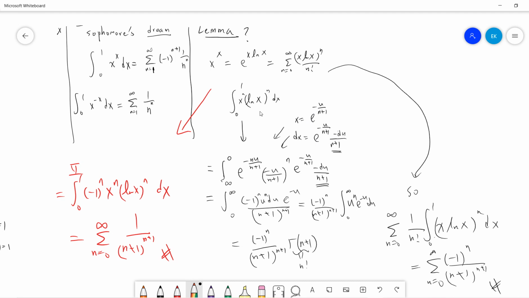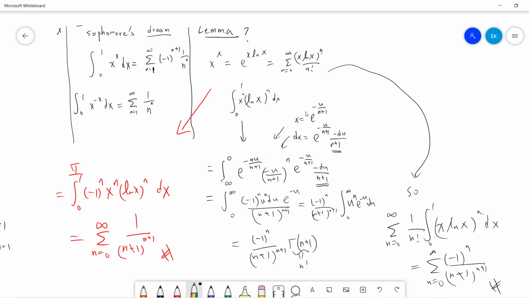So you put it all in. Let's see the limits. When x equals 0, u should be infinity, because exponential of negative infinity gives you 0. And when x equals 1, exponential of 0 equals 1, so u is 0.